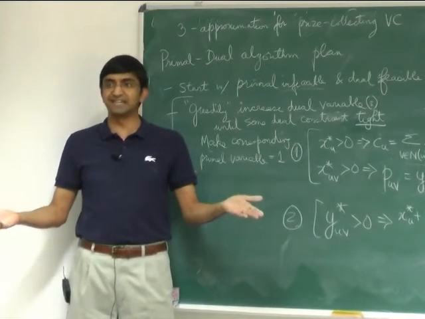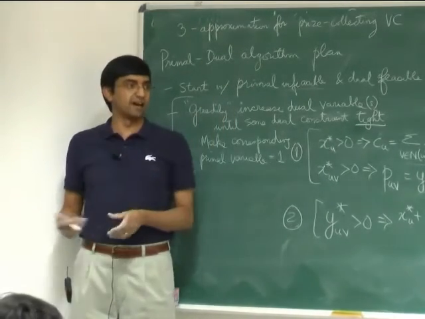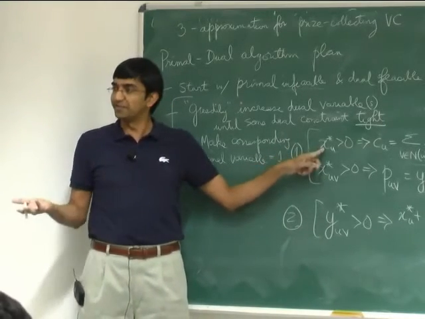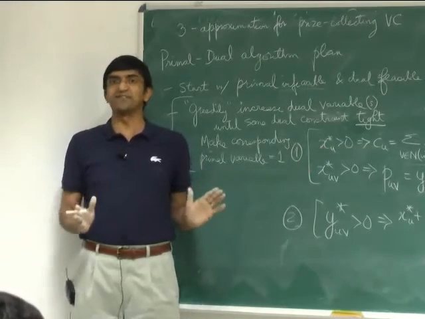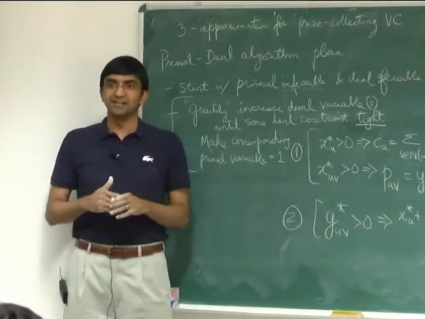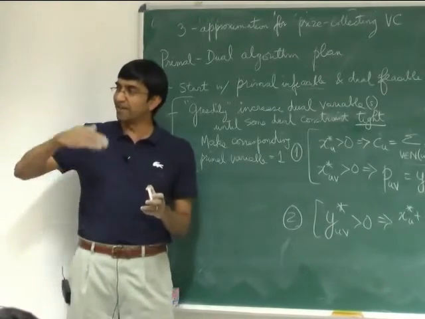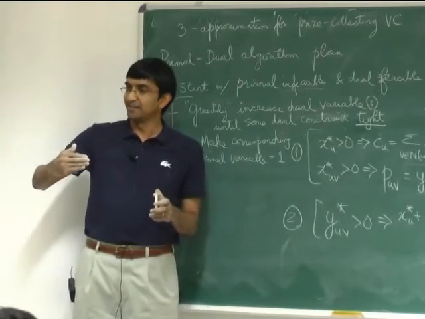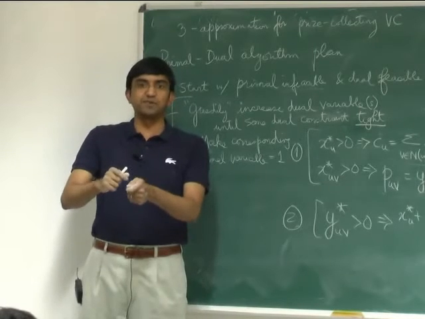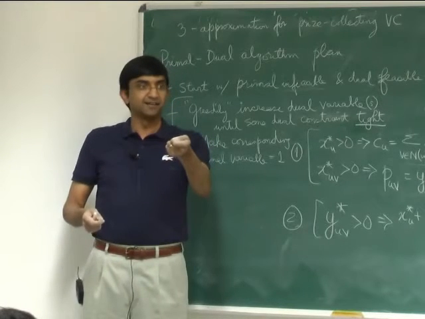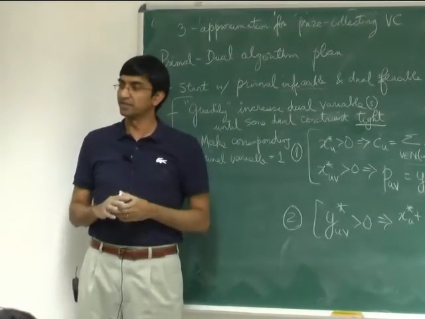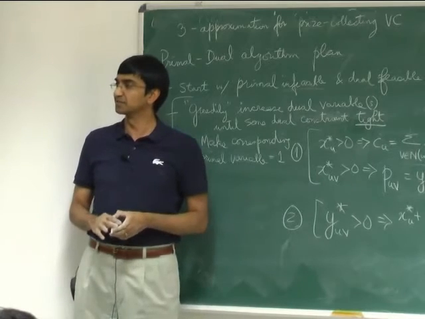So if everybody is tight, that means for every edge in the graph, I have found something, either the xuv or xu or xv variable to set to 1. That means I'm already finished covering them. Okay? So that's why continuing to increase the dual value of any variable which can be increased until it becomes tight, looking at who made me tight, and then picking that guy to be 1 to cover this edge and other edges it covers, is going to give me a feasible solution. Very simple, right?